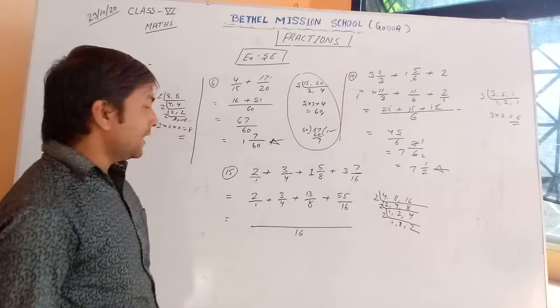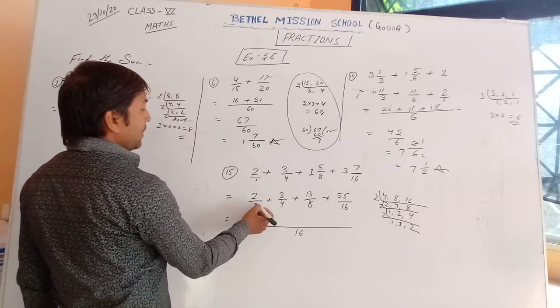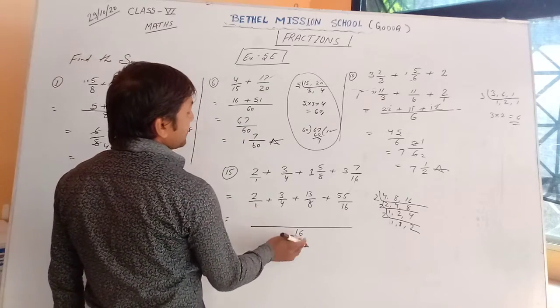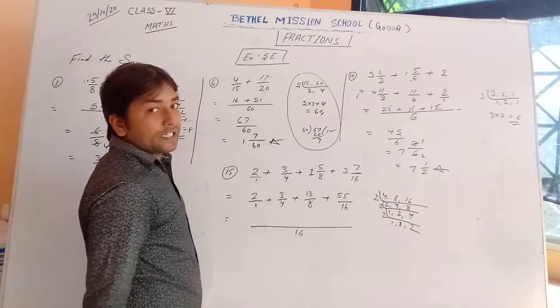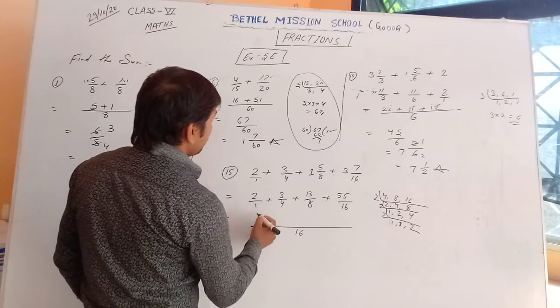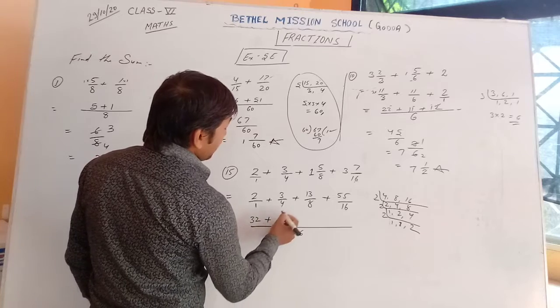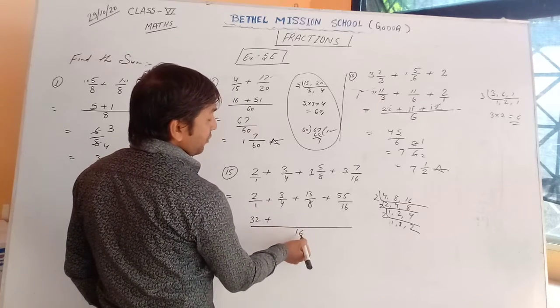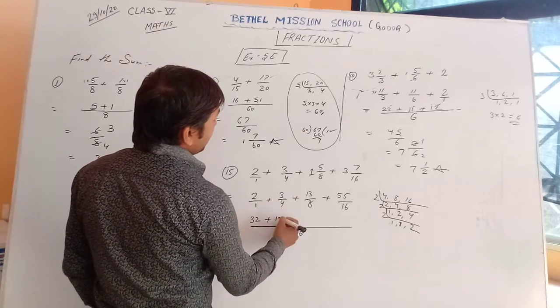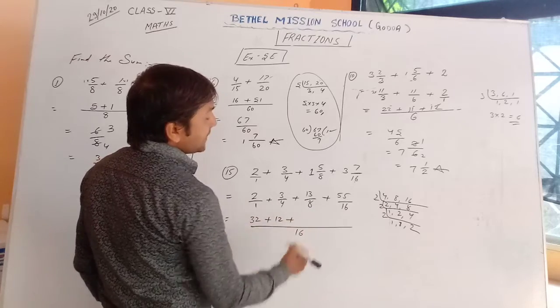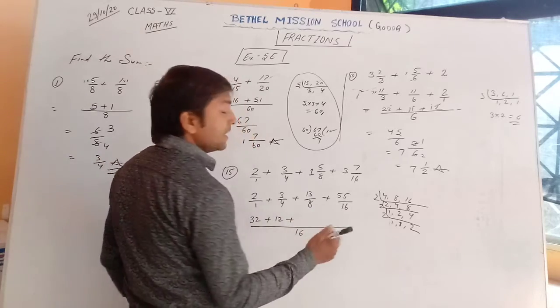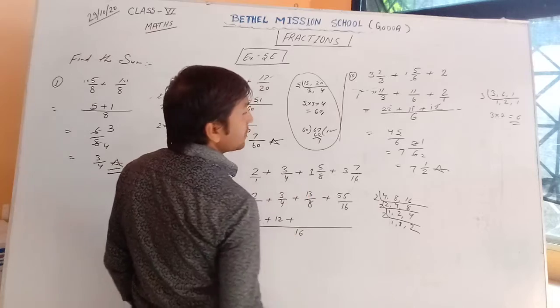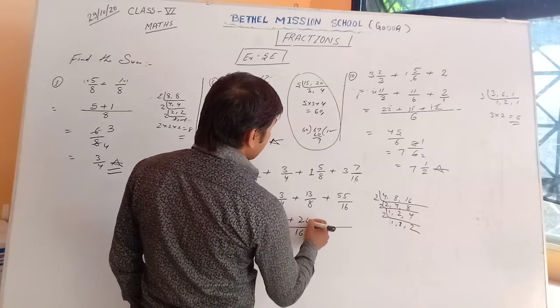LCM. Now divide. When you divide by 16, you will get 1, and 16 into 2 is 32. And 16 divided by 4 is 4, 4 into 3 is 12. And by 8, 2 times, 2 into 13 is 26.